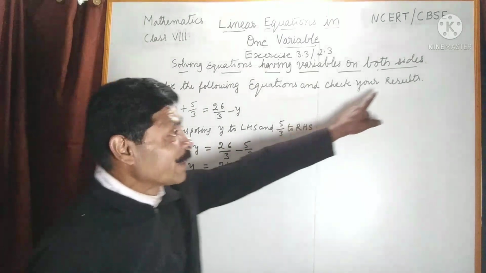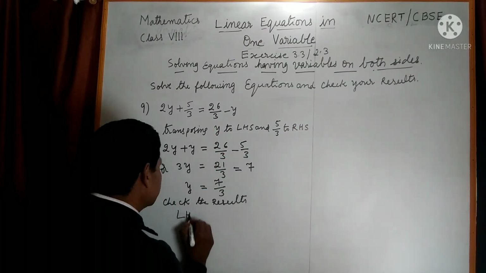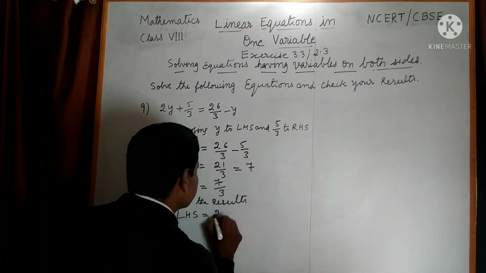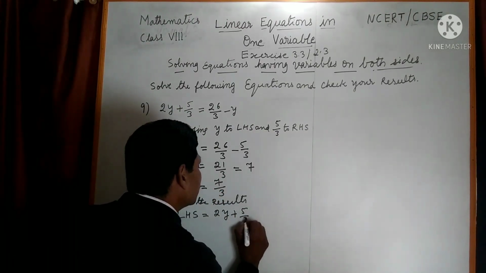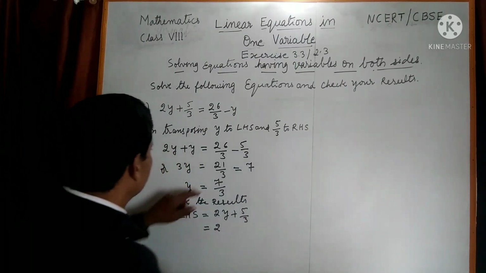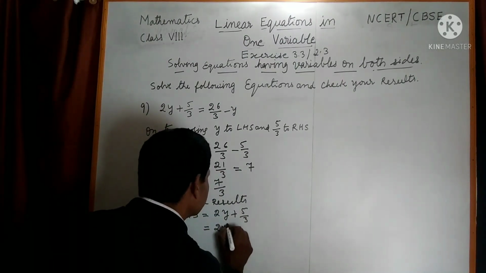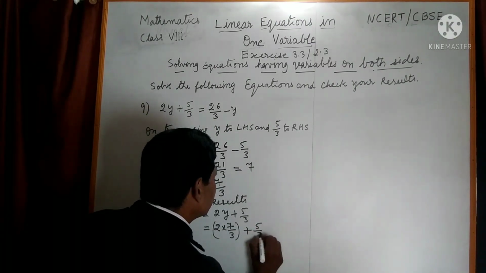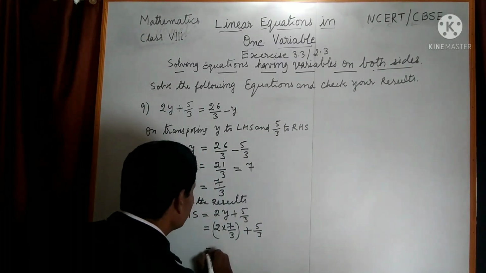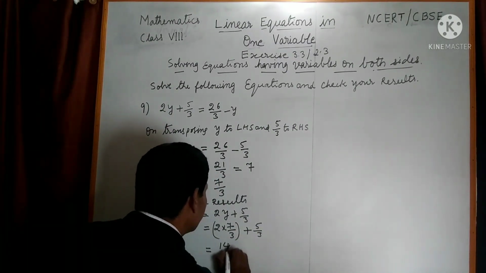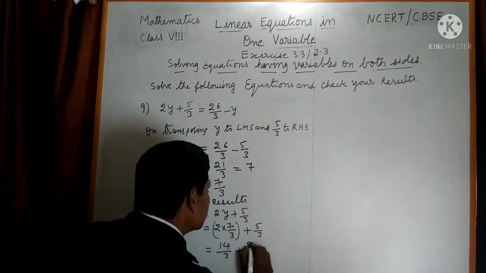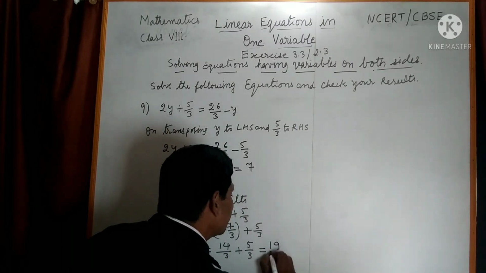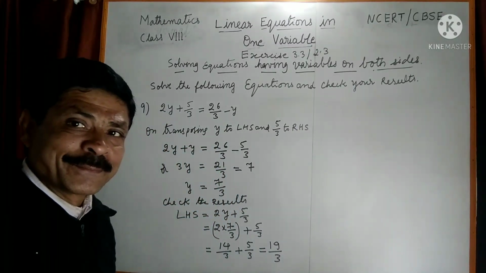Now let us check our results. LHS is equal to 2y plus 5 by 3, is equal to 2 into 7 by 3 plus 5 by 3, is equal to 14 by 3 plus 5 by 3. This is equal to 19 by 3.